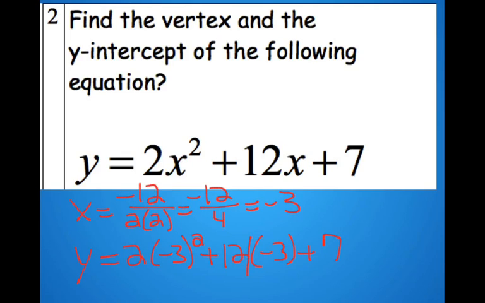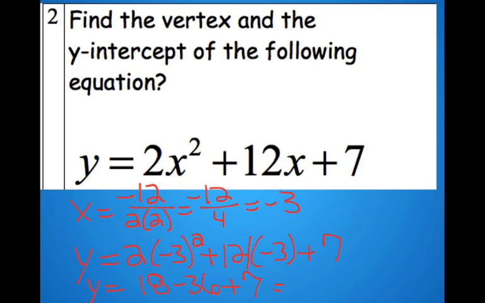Let's see, looks like it's going to be y equals, that's 9 times 2, so that will be 18 minus 36. Oops. Let me erase that. Plus 7.